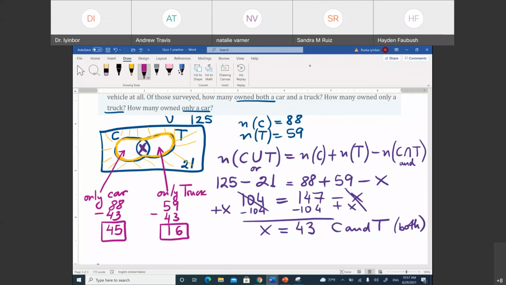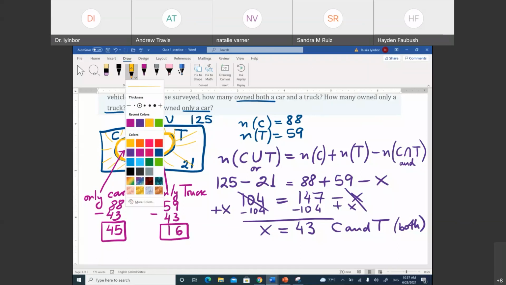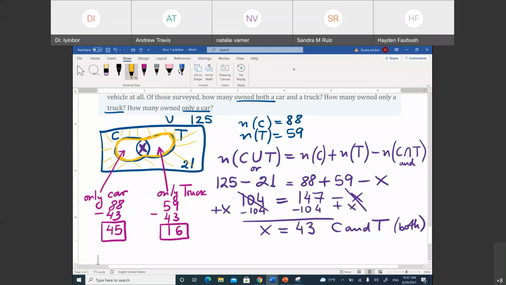So that's it. We found everything we need. I'm just going to highlight the answers. 43 on both car and truck. Only car is 45 people, and only truck is 16.